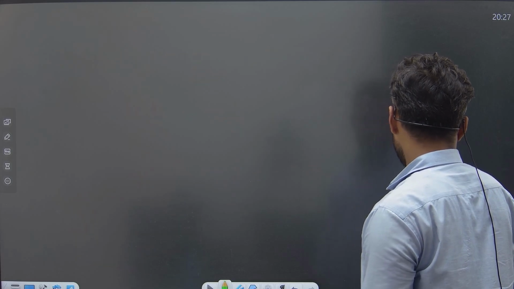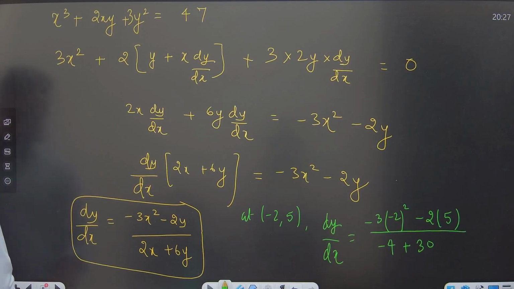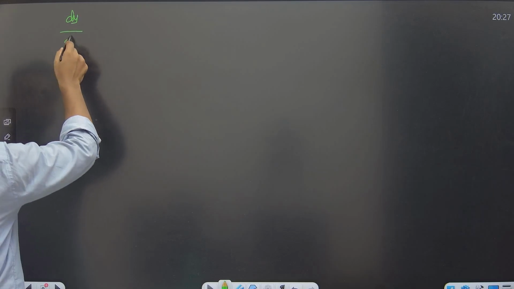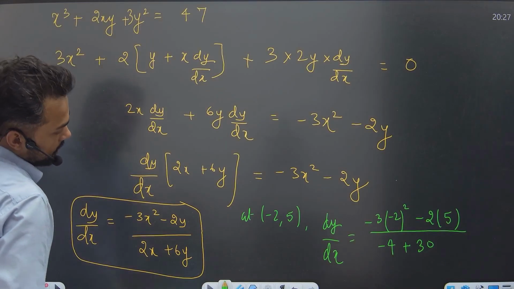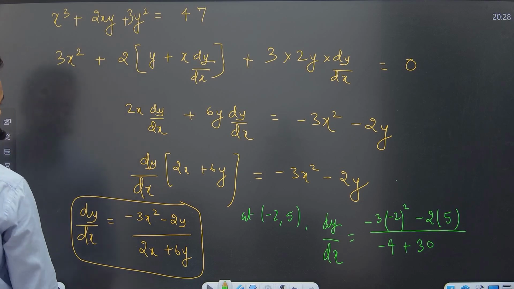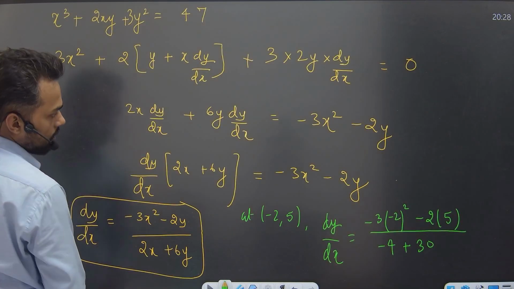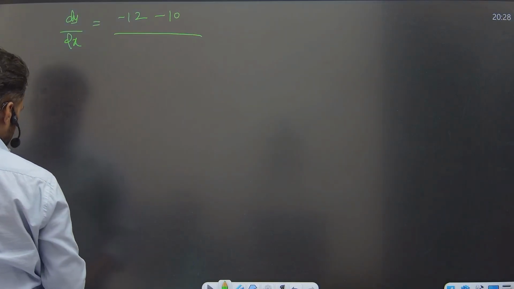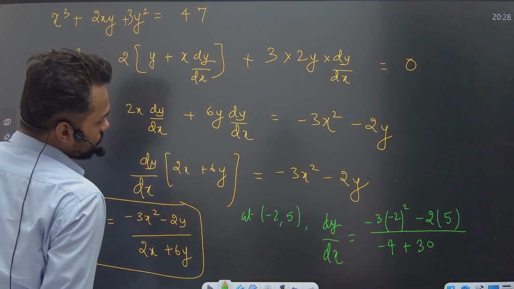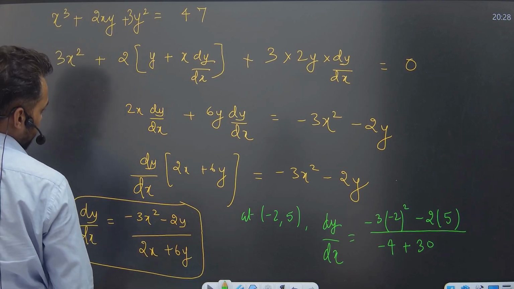So what values will we be getting here, students? dy by dx equals minus 3 cross 4 will be negative 12, negative of 10, upon the denominator, which will be 26.